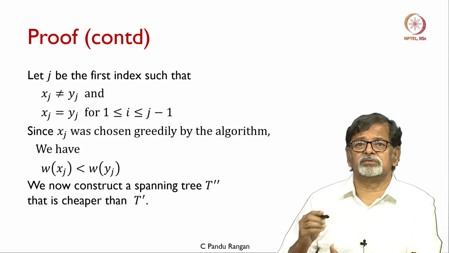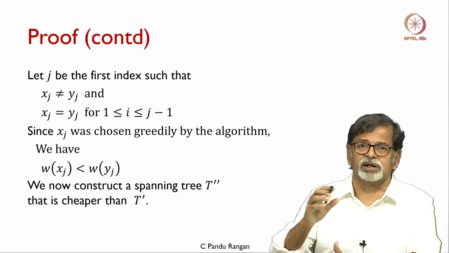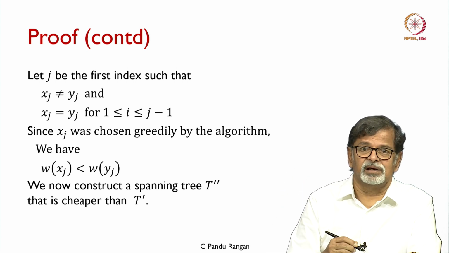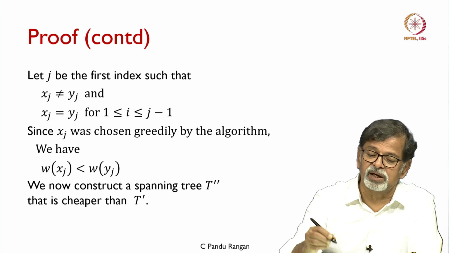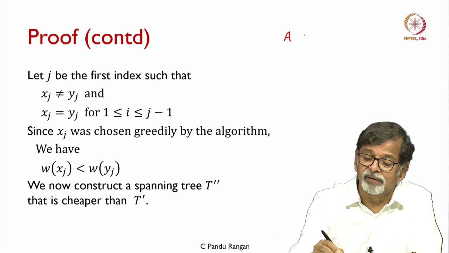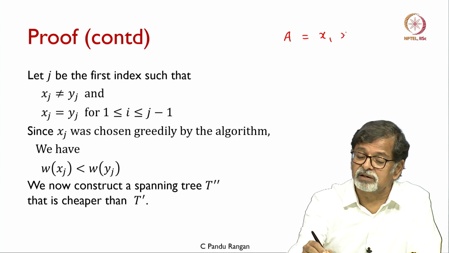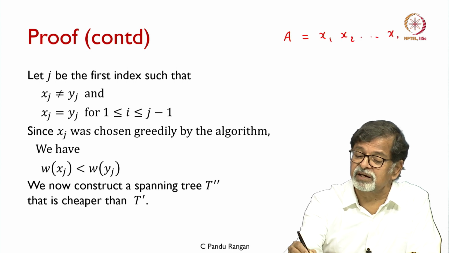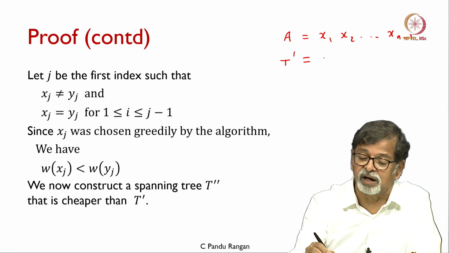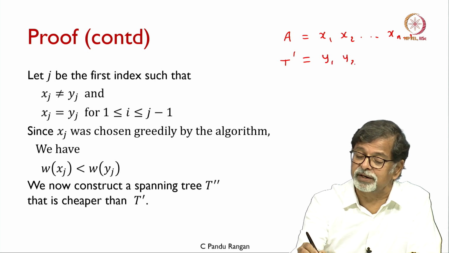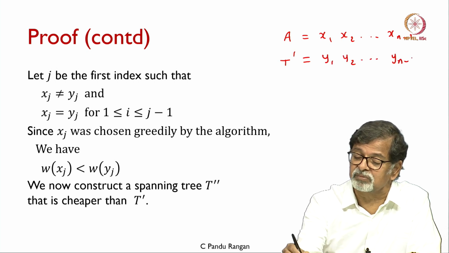So, we have two sequences of edges with the increasing order of their weights. A is x1, x2, ..., xn minus 1, and in T dash we have y1, y2, ..., yn minus 1.